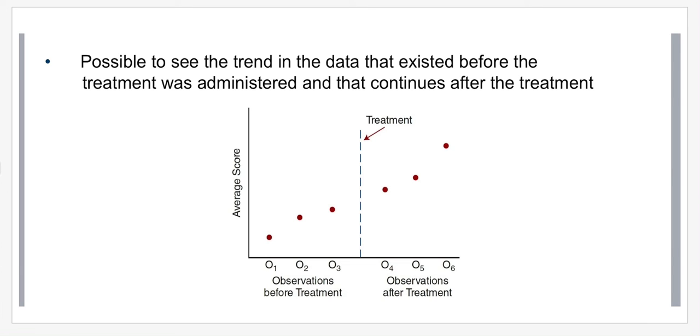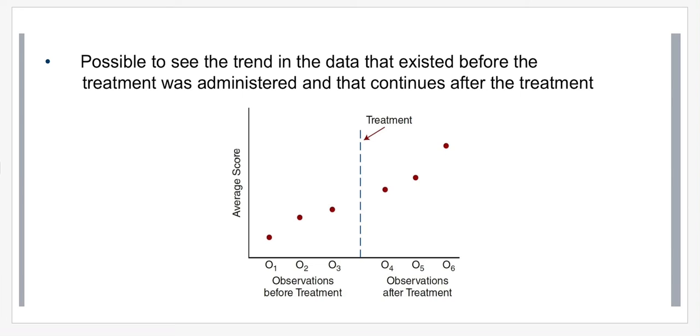that is showing you that something else is going on here. And if you look at the pre-test, that's also showing you that the scores were already headed up before the treatment, and then they continued to go up after the treatment. The treatment didn't actually change anything.